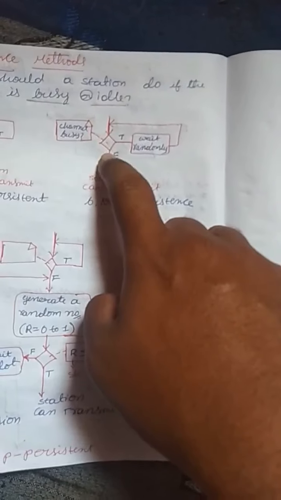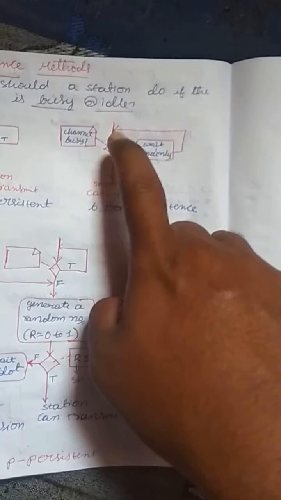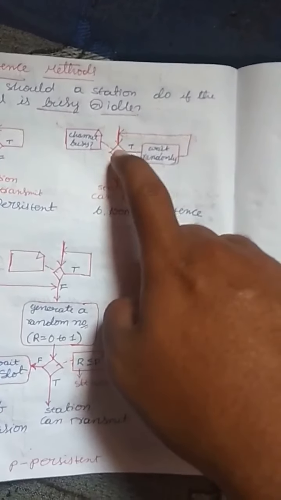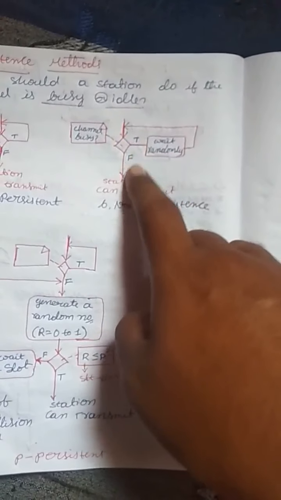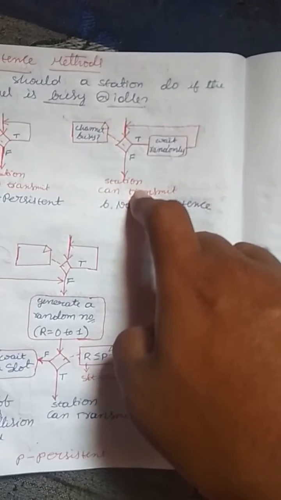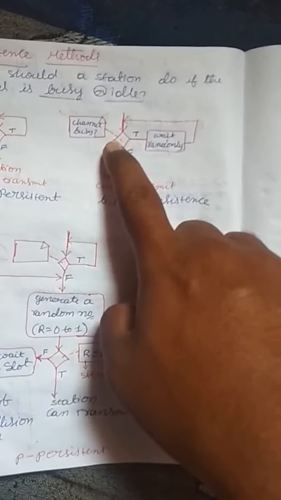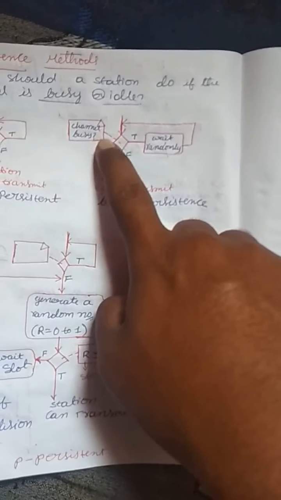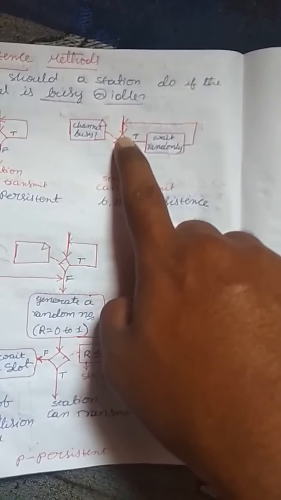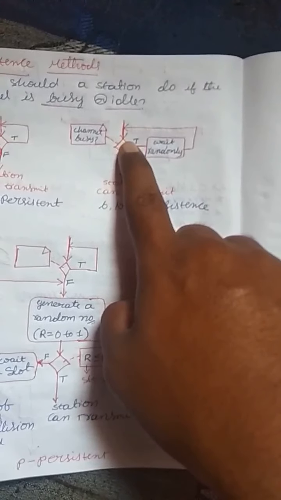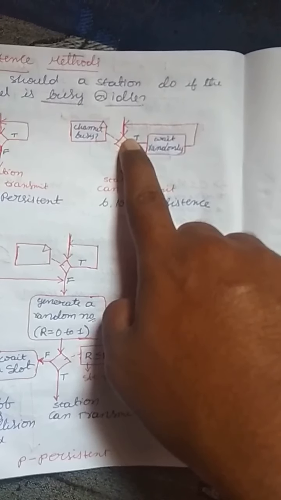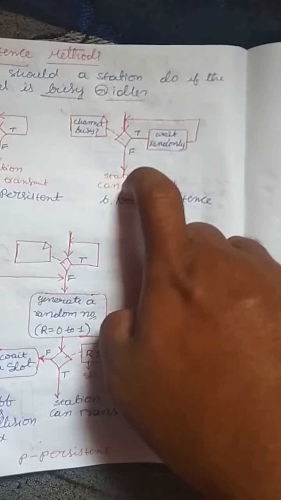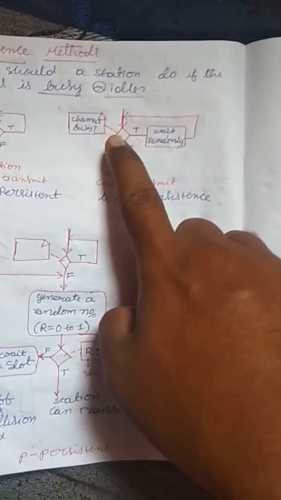Next one is non-persistent. Here also the station will sense whether the channel is busy or not. If it is not busy, it is going to send the frame. If the channel is busy, then what does it do? The station will not send the frames.